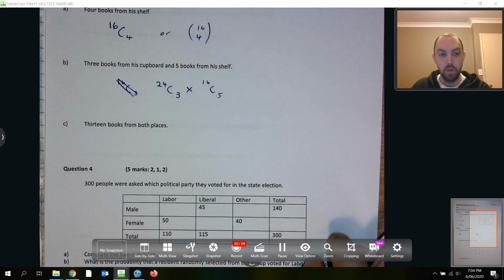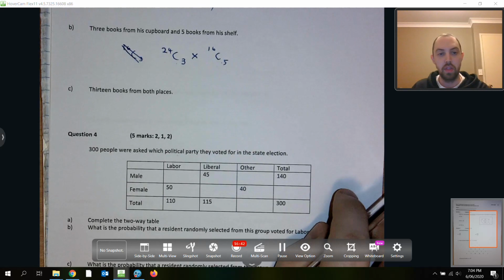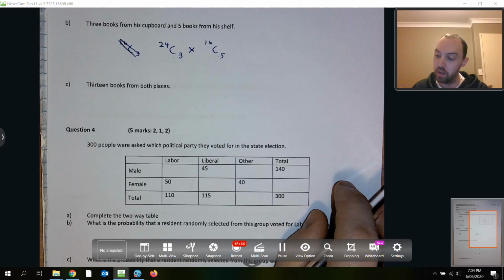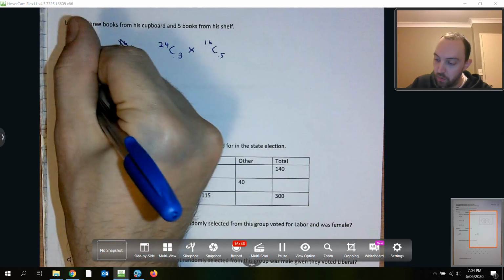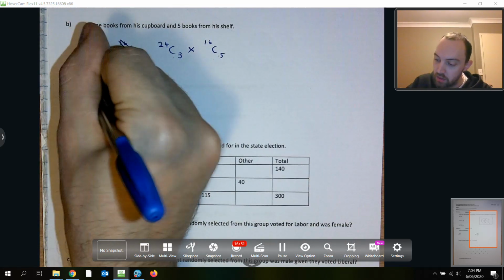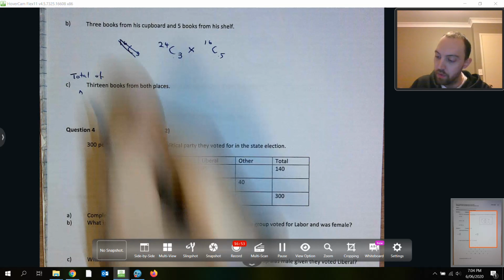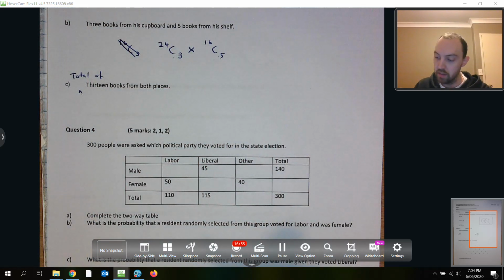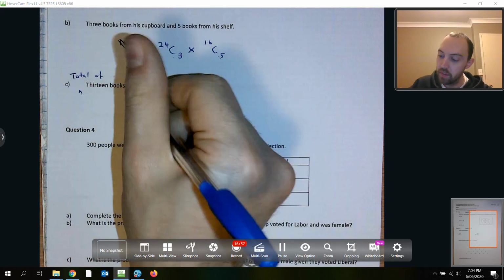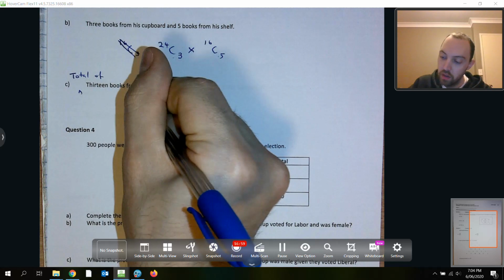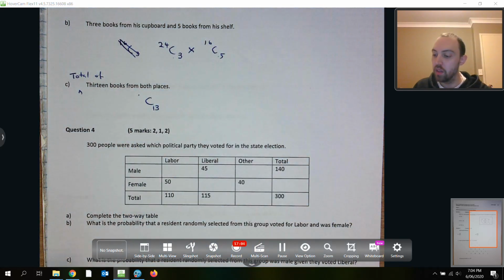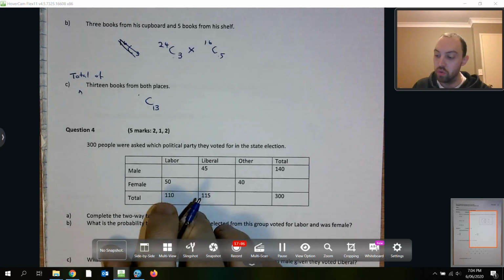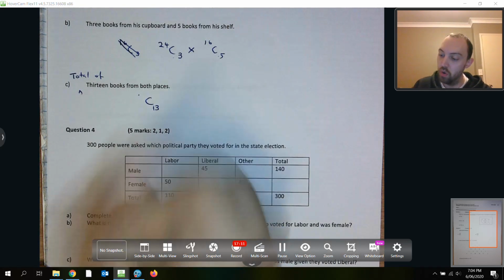Alright. Part C, 13 books from both places. Now, having gone over this before, this is actually talking about a total of 13 books from both places. So, we are looking for, he's picking 13 books, choose, and then how many books are there in total?